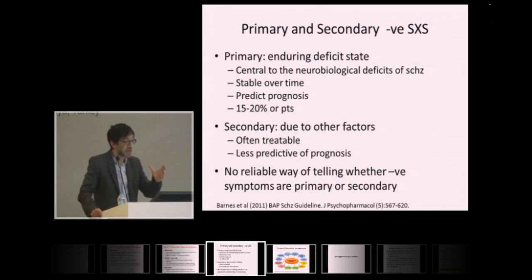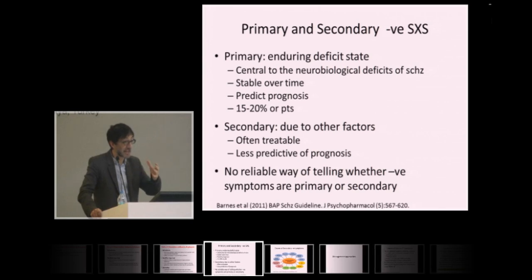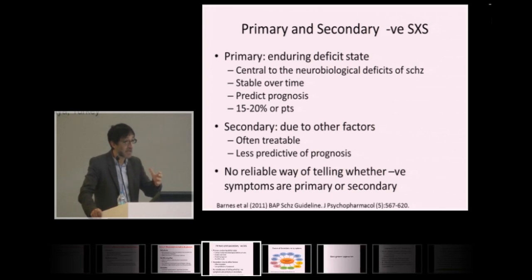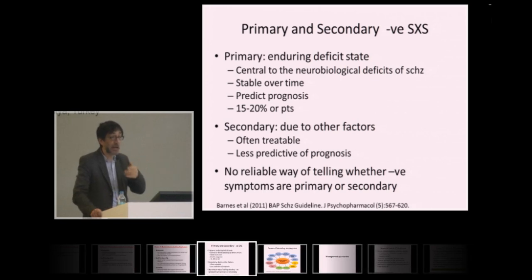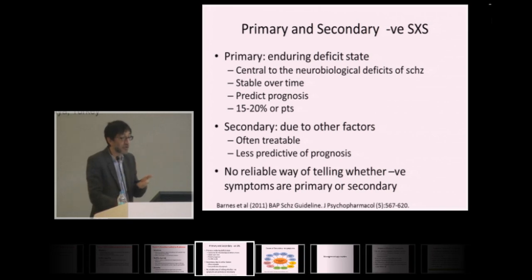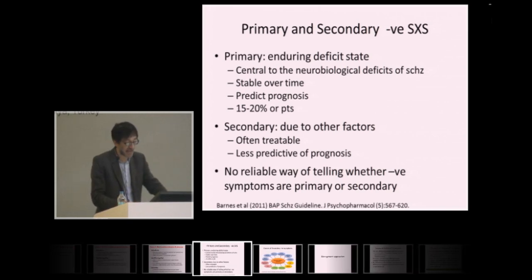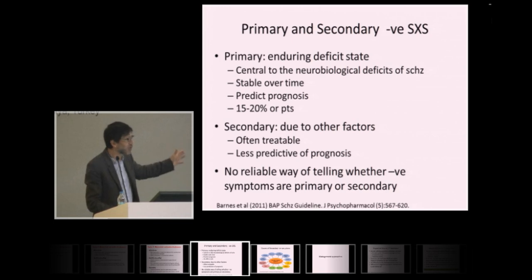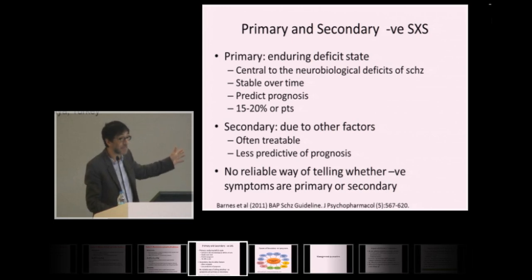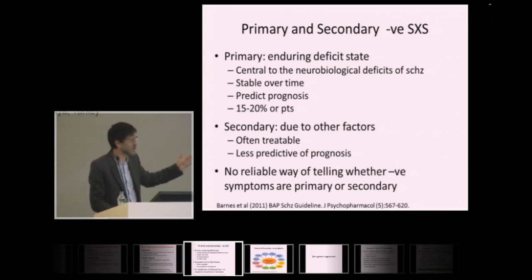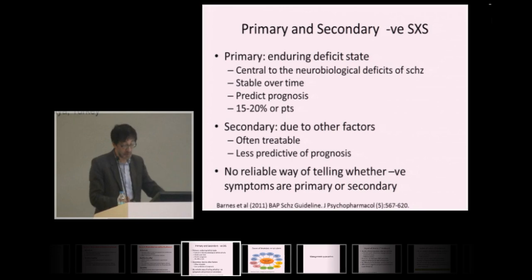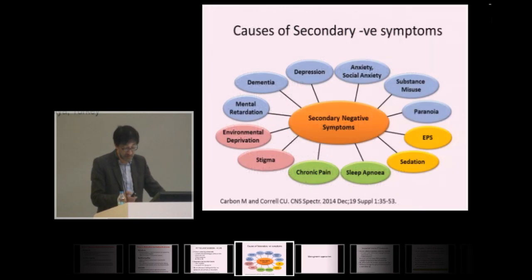The other type of negative symptoms is what we call secondary negative symptoms. So these symptoms are secondary to something else, and I'll come to the sort of things that can cause them on the next slide. Unfortunately, when you see a patient with negative symptoms, there is no way for you to tell at a cross-sectional interview whether the symptoms you're seeing are primary or secondary.